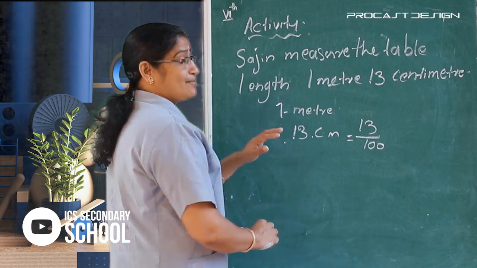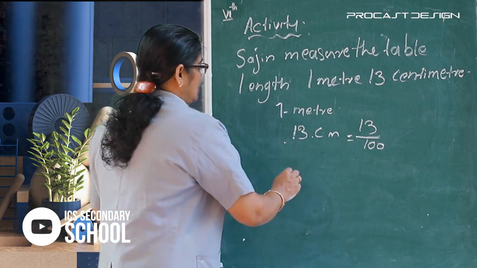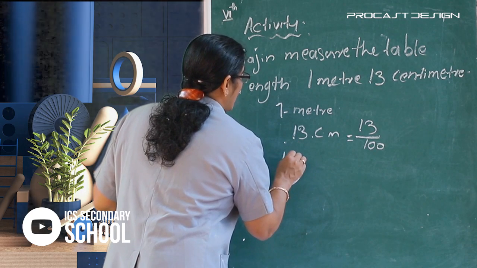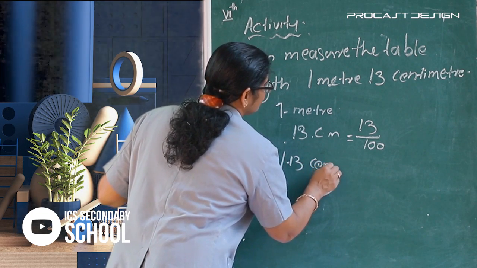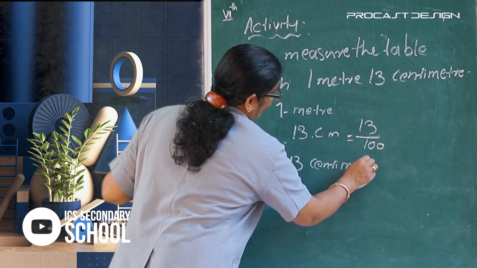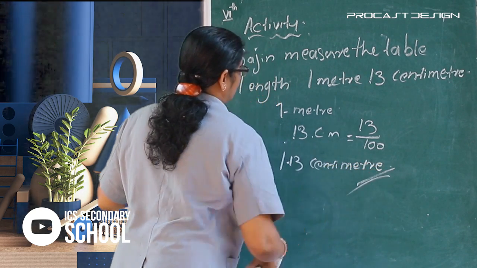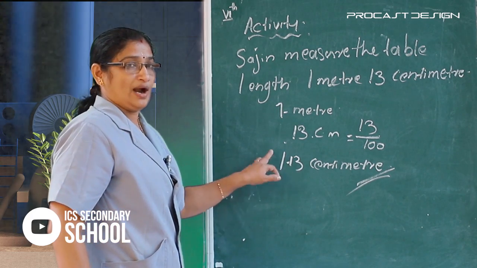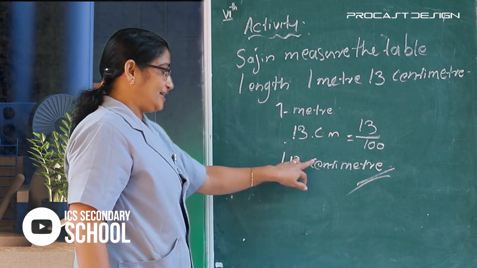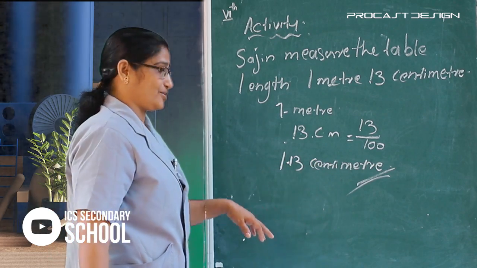Again we write the decimal form. 1 meter 13 centimeter, decimal form is 1.13 meter. Okay.